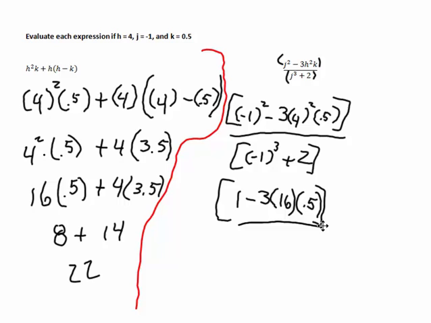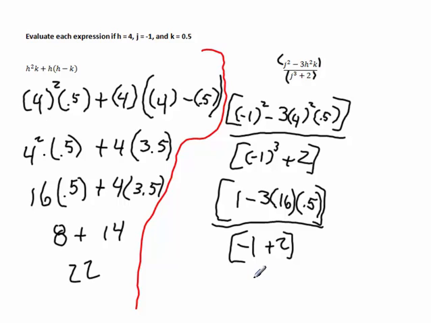That's all being divided by, well, -1 cubed is -1 times -1 times -1. And -1 times -1 is 1, and 1 times -1 is -1. So I have -1 plus 2. And we could simplify the top side. Well, 0.5 times 16 is 8, and 8 times 3 is 24.